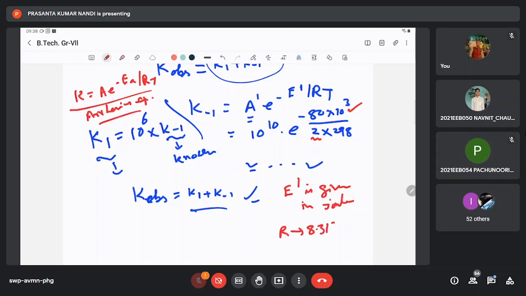Yes, that is to remember. Joule per mole per Kelvin. This is the unit. So in that case, you have to adjust the unit like this.